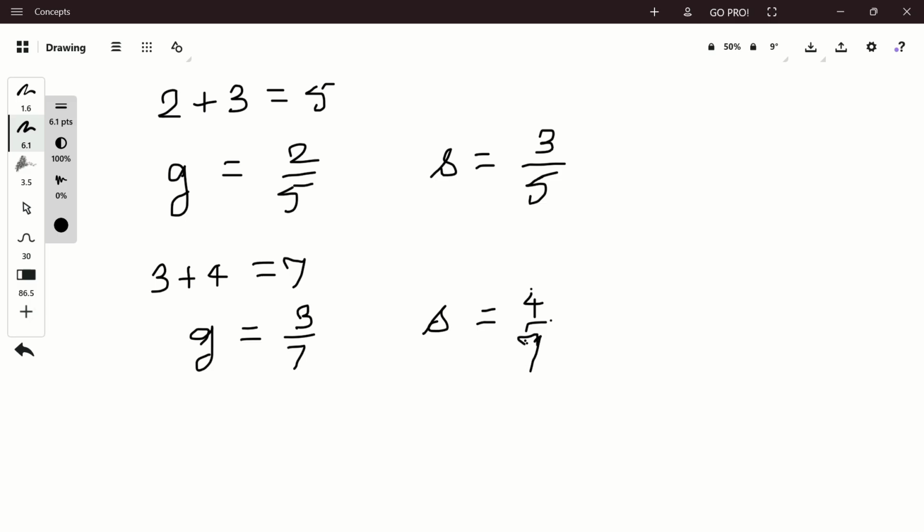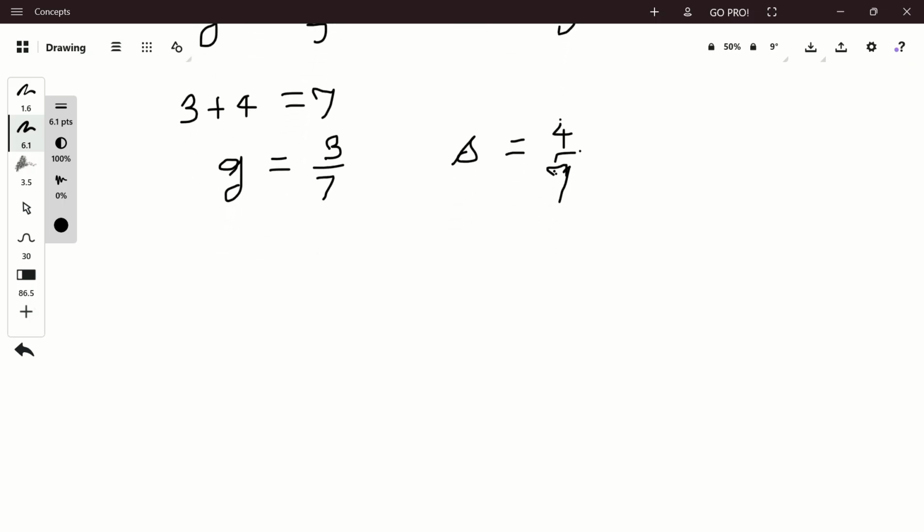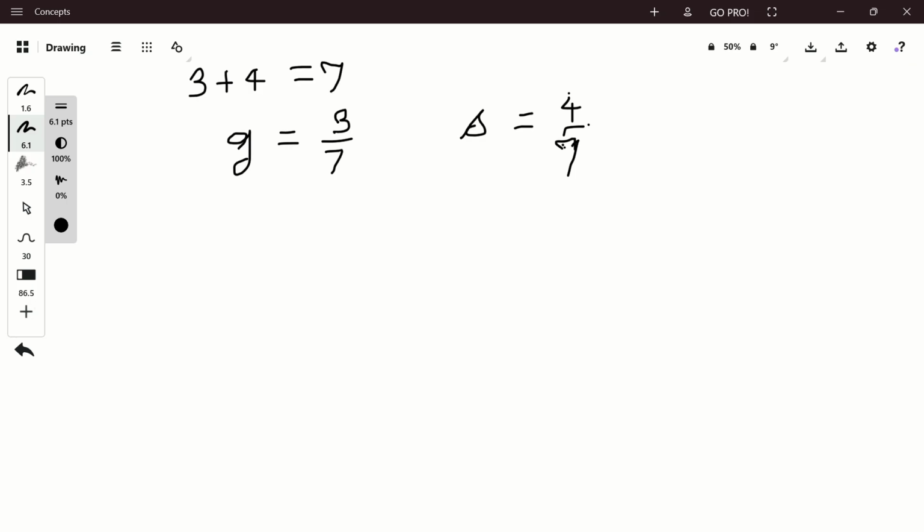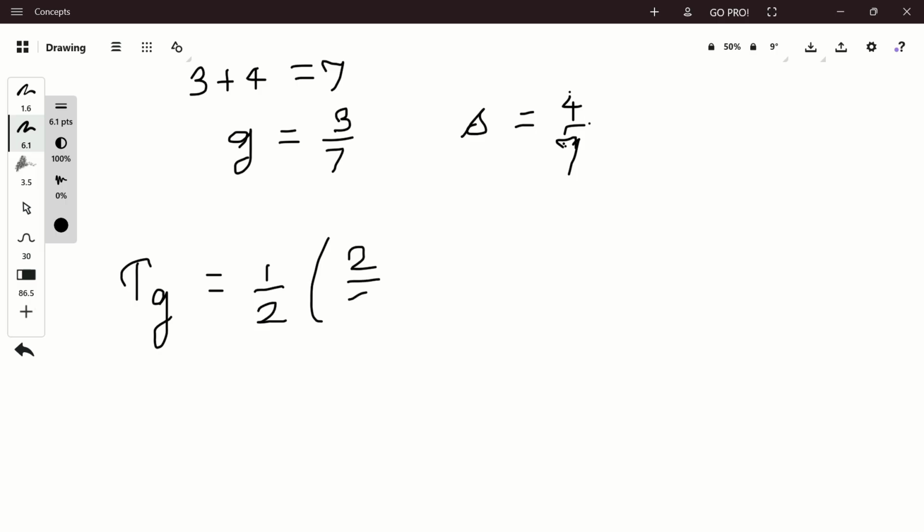In the second alloy, the total parts are 3 plus 4, which is equal to 7. So proportion of gold is 3 upon 7 and that of silver is equal to 4 upon 7. When equal quantities are melted, the total gold portion in the new alloy is the average of two portions.